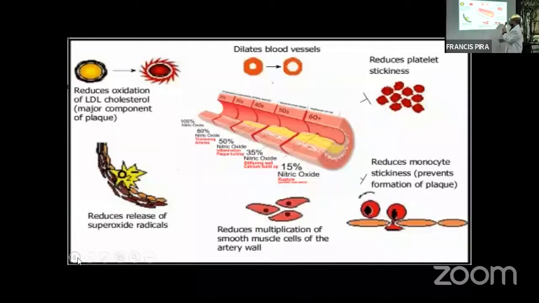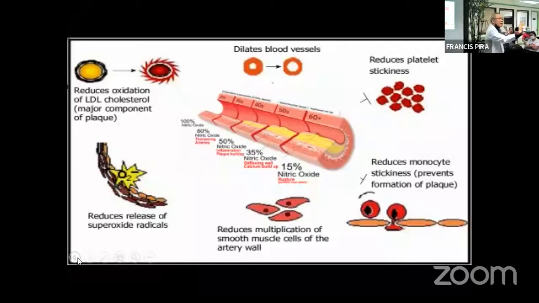It reduces oxidation of LDL cholesterol, and actually remember that the attachment of the fat and cholesterol into the blood vessel wall is because the fat and the cholesterol is oxidized. Once it is oxidized, then it is a free radical, then it will easily attach to the wall. That is the reason why.